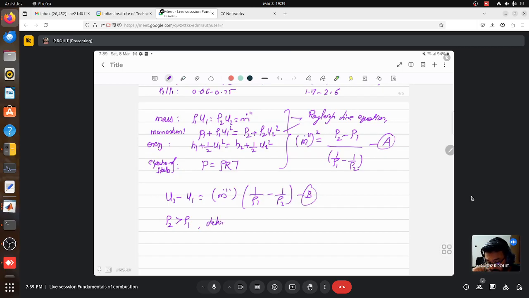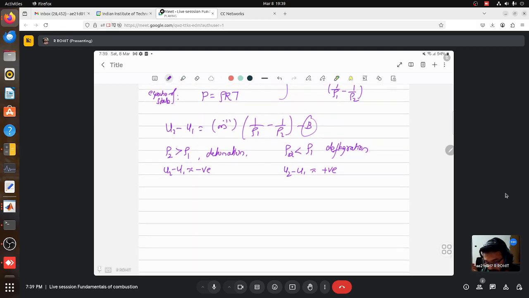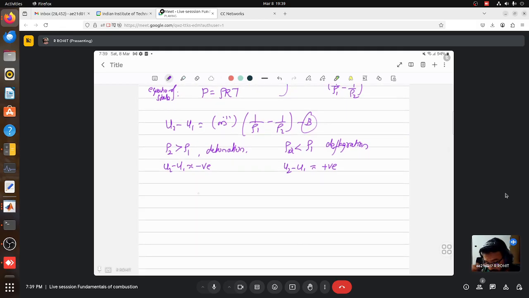That is, ρ2 is greater than ρ1 for detonation, and ρ2 is less than ρ1 for deflagration, and thus the sign of u2 minus u1 becomes negative for detonation, whereas the sign of u2 minus u1 becomes positive for deflagration case. So an expression can be written based on this u2 minus u1, and finally you can get into the form u1 square minus u2 square is equal to P2 minus P1 into 1 by ρ2 plus 1 by ρ1.